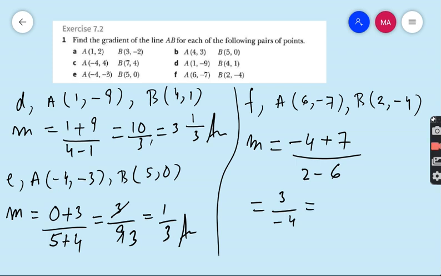So the final answer is minus 3 upon 4. 3 upon minus 4 or minus 3 upon 4, all answers are the same, no difference if you put the minus sign with the denominator or numerator. So this is question number 1 of 7.2. We did all parts.